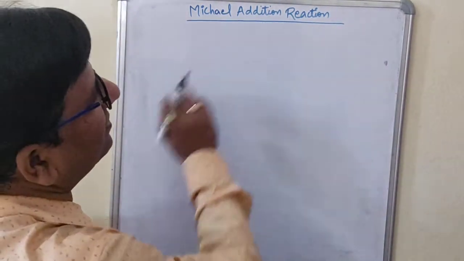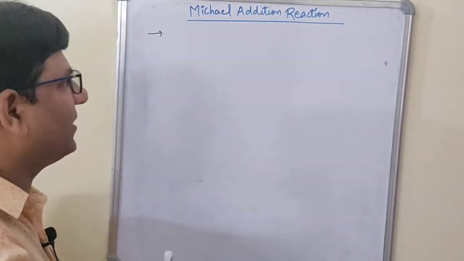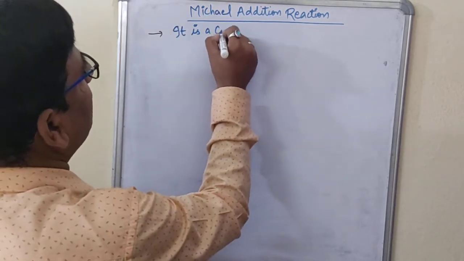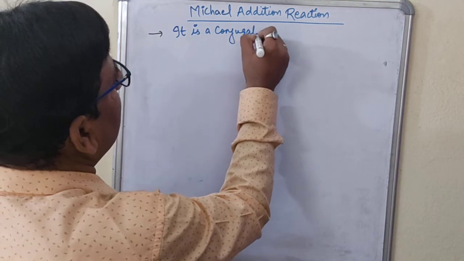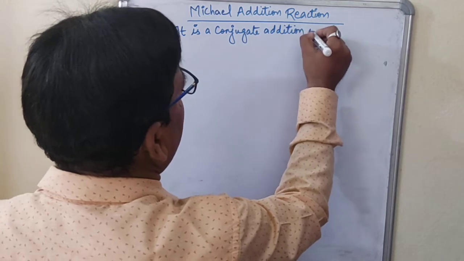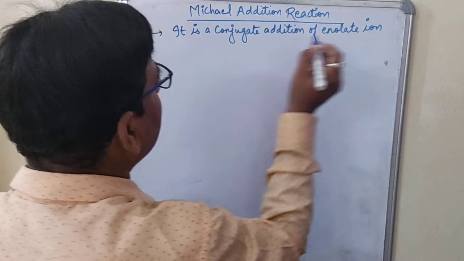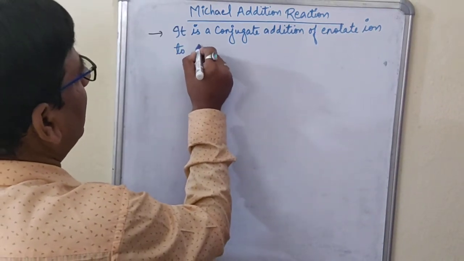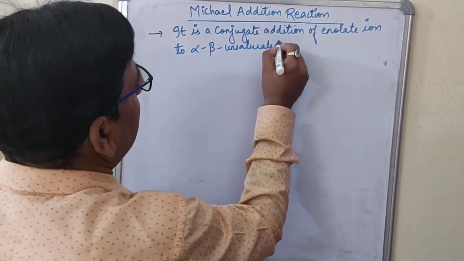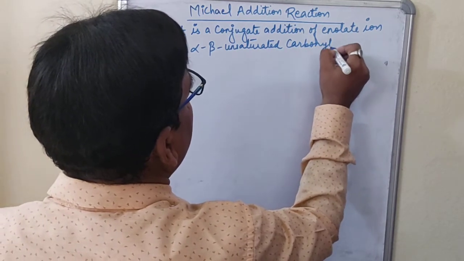So this Michael addition reaction, students, is a conjugate addition of enolate ion to alpha beta unsaturated carbonyl compound.